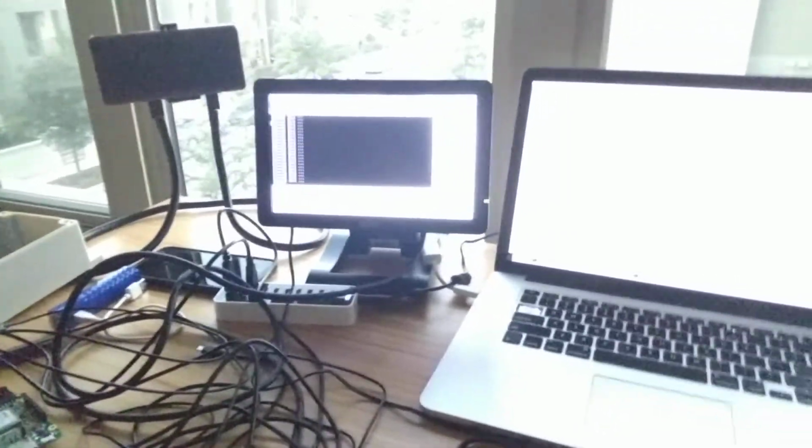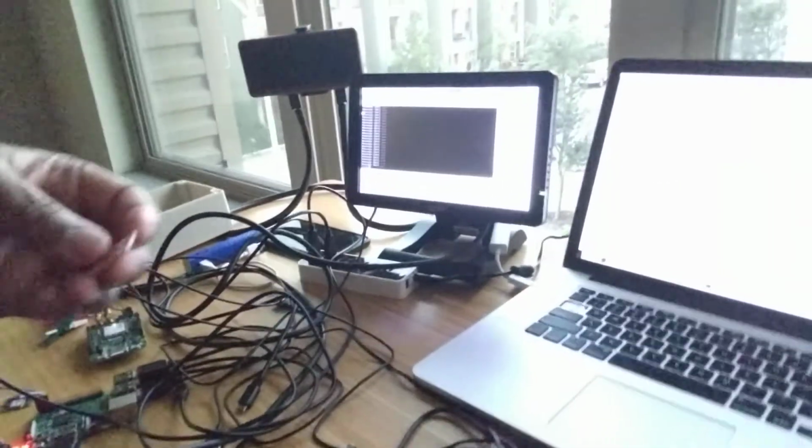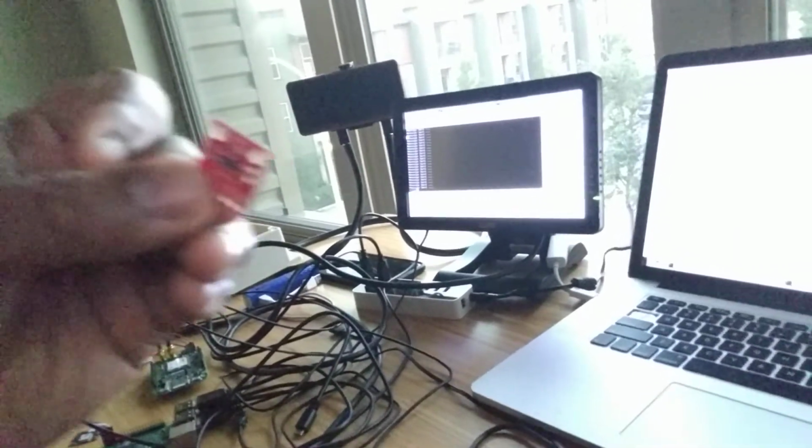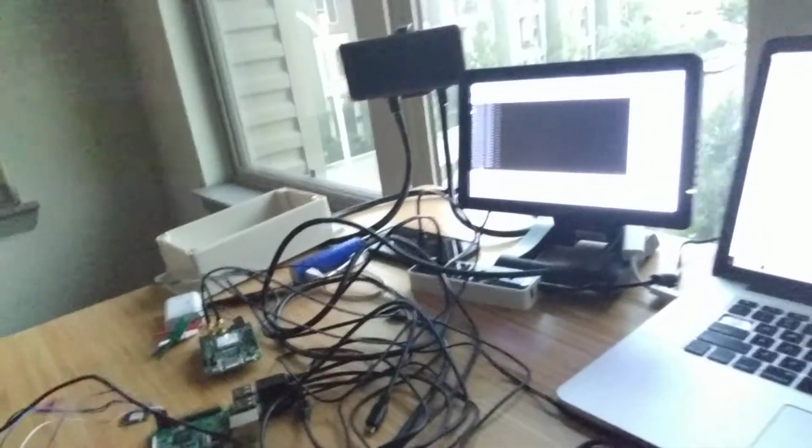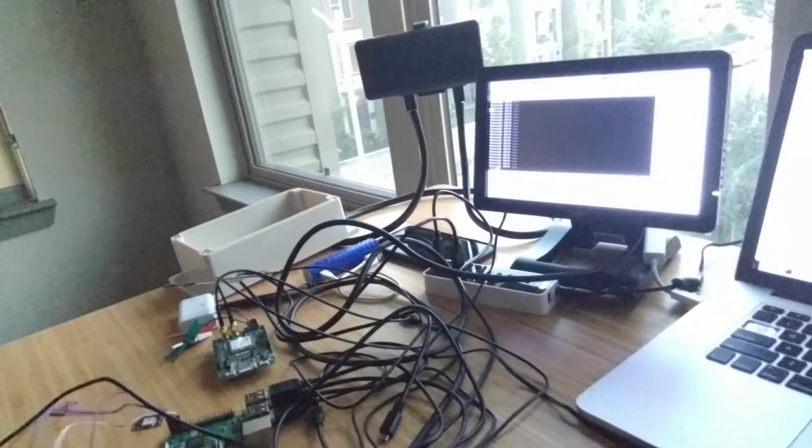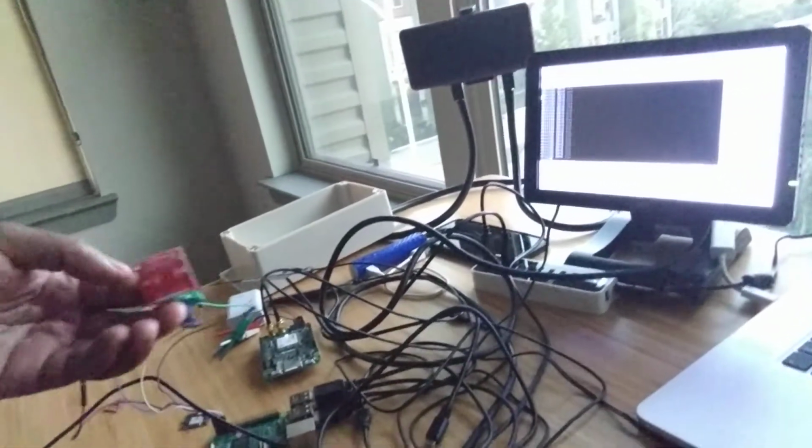Some of the components used here are the air quality sensor. This is the air quality sensor. There is an environmental sensor here.